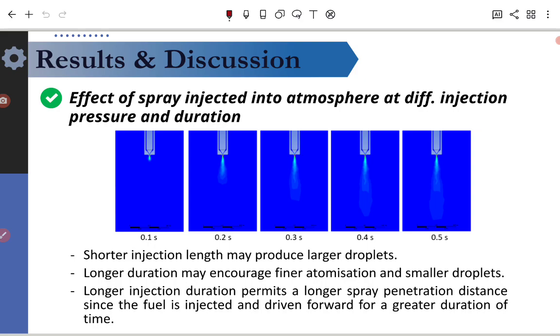From the figure, we can see that the simulation showed that a shorter injection length may produce larger droplets, whereas a longer duration may encourage finer atomization and smaller droplets. As a result, a longer injection duration permits a longer spray penetration distance since the fuel is injected and driven forward for a further duration of time.